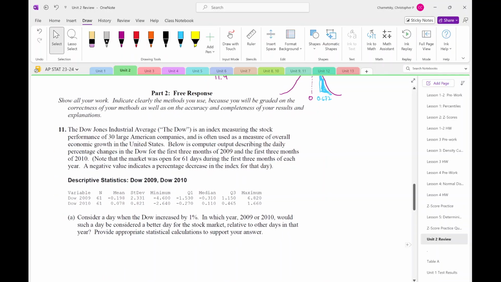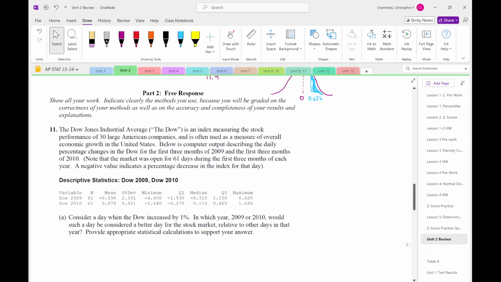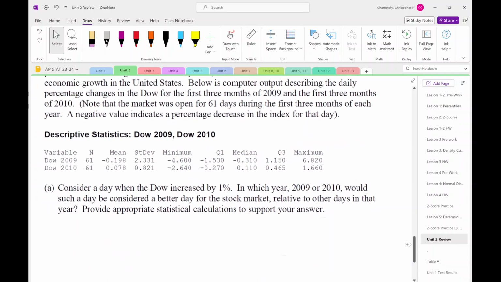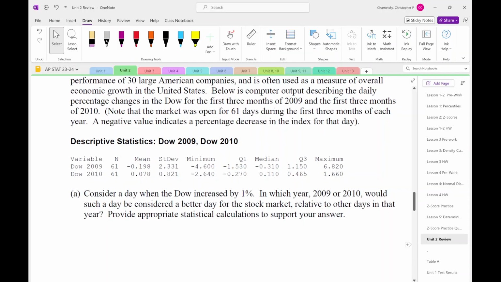Let's take a look at some free response. Number 11, Dow Jones Industrial Average Index is measuring stock performance of 30 large companies, often used as a measure of overall economic growth in the United States. Below is a computer output describing the daily percentage changes of the Dow for the first 3 months of 2009 and 2010. A negative value indicates a percentage decrease in the index for that day.